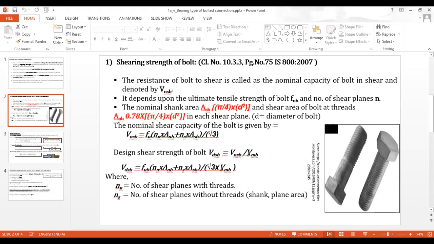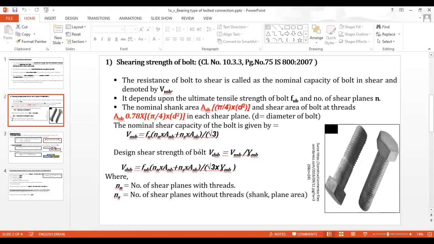The nominal shear capacity of a bolt is calculated by the formula V_nsb equals f_u into bracket n_n into A_nb plus n_s into A_sb, divided by root 3.